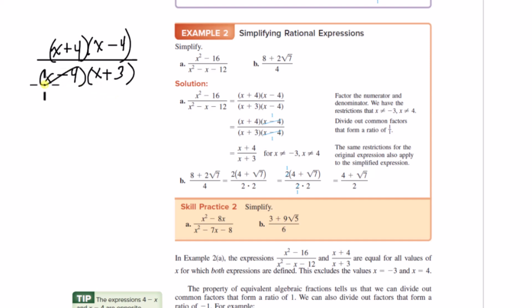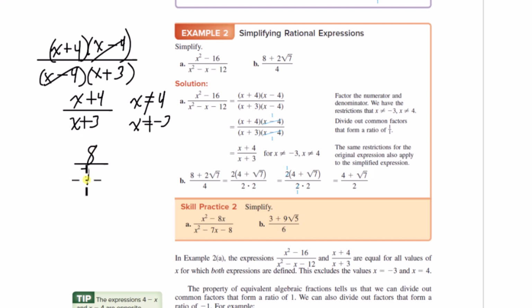Okay, the x minus 4s cancel, and you're left with x plus 4 over x plus 3, but you can't input here, x can't be 4 and x can't be minus 3. Like, this is simplified, but you can't input here 4. Oh, yeah, you can. 4 plus 4 is 8. 4 plus 3 is 7.